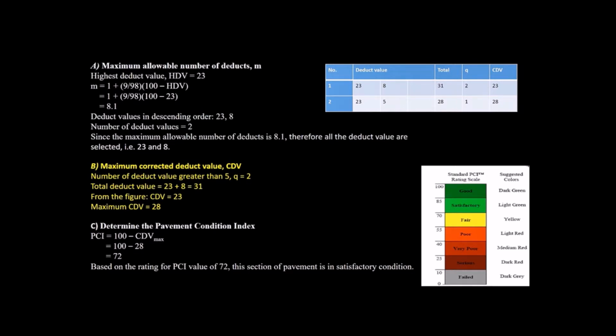And then the final maximum CDV is 28. After that, PCI equals 72. That is in satisfactory condition. That's all for me.